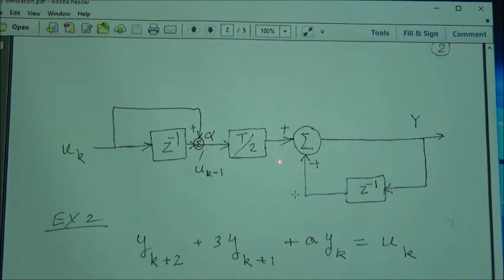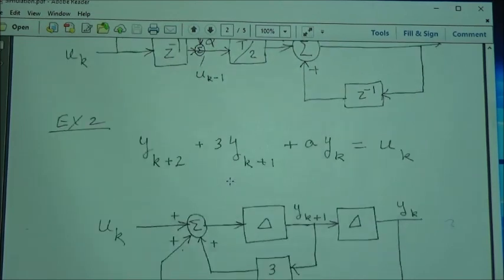So you add this value, T over 2 or alpha, to this quantity, z to the minus 1 times y. So z to the minus 1 goes into the feedback loop, and the value of y is the area under the curve under that particular formula.